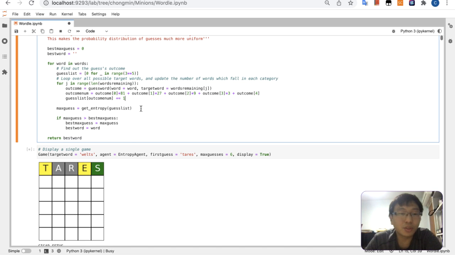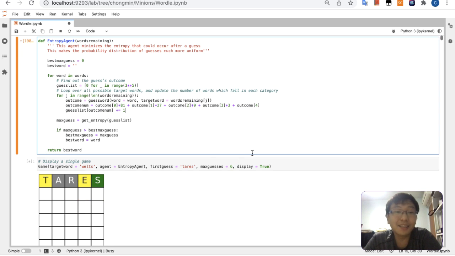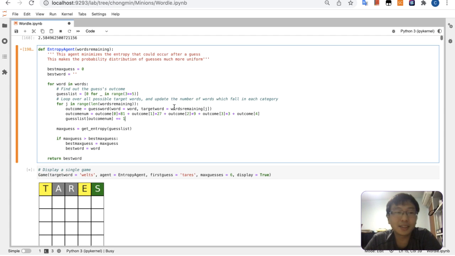So if you really want a very competent agent, you probably need to take into account more than one step, maybe 2 or 3 steps. But the compute is quite immense. Luckily for this game, the state space goes down quite fast.